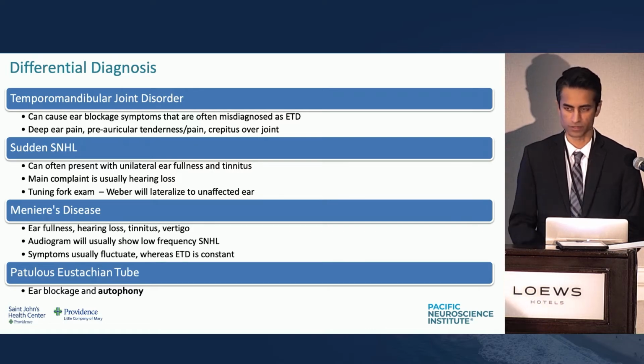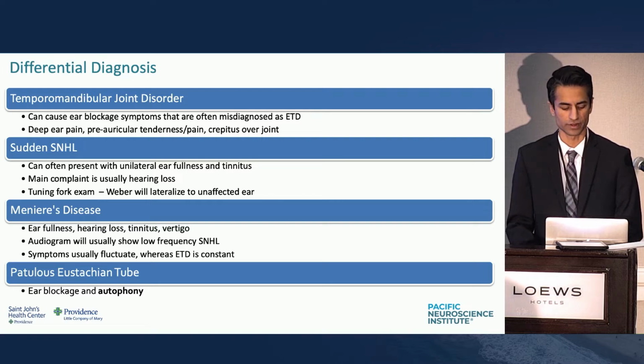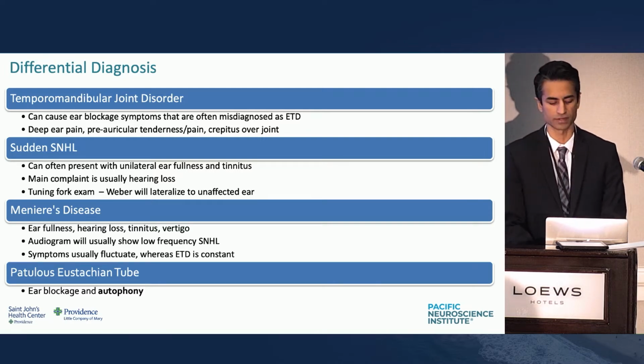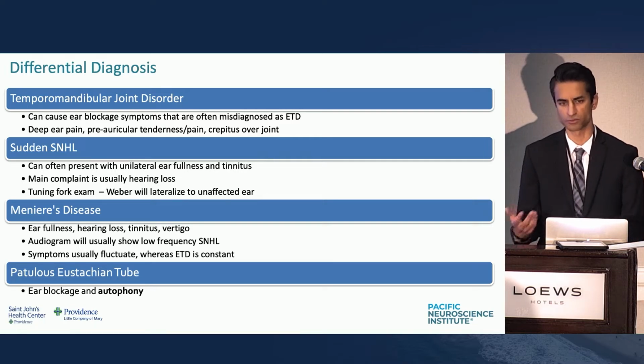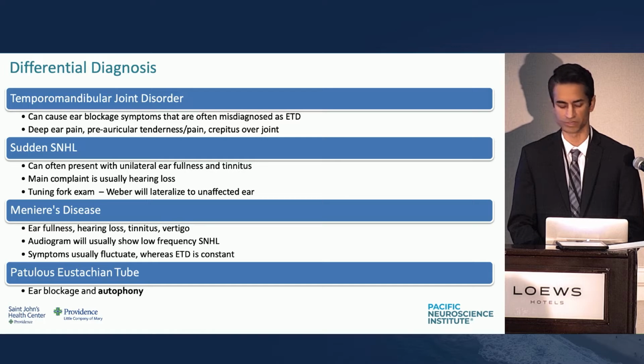Whereas in sudden sensorineural hearing loss, the patient will hear the sound louder on the opposite side. So if they're hearing the sound on the opposite side, it might be an indication that they have sudden sensorineural hearing loss. That might be a good reason to send them to us urgently so we can do a hearing test and confirm that, because sudden sensorineural hearing loss needs to be treated as soon as possible with oral steroids.